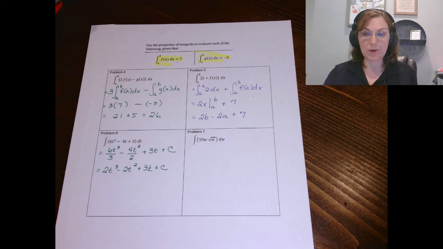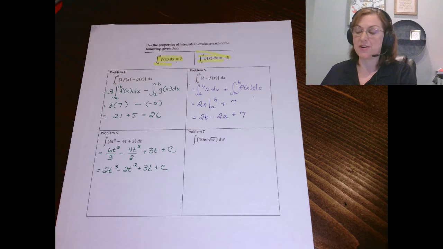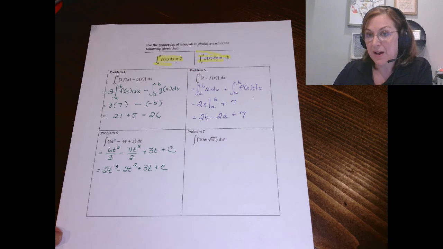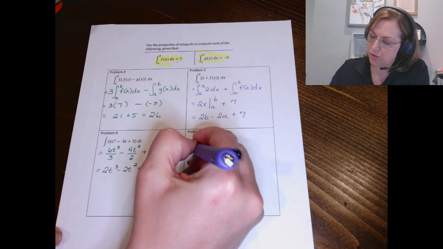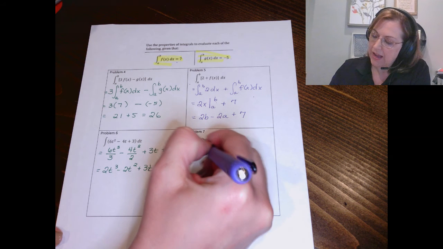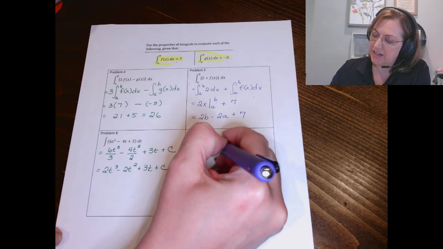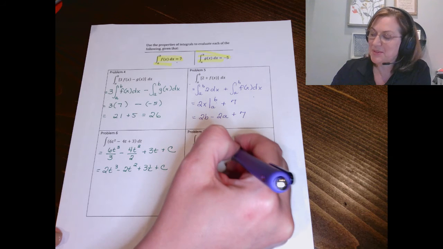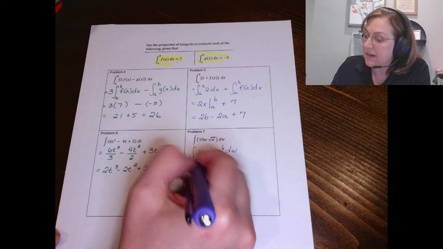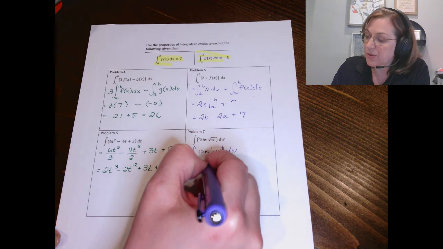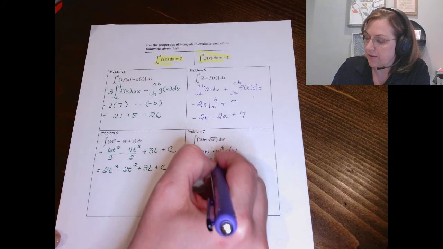Okay, let's do one more. Now, this one, the last one here, you're going to want to simplify before you take the antiderivative. See, because I can rewrite this integral as W to the first times W to the 1/2. See, I can make that 10W to the 3/2.